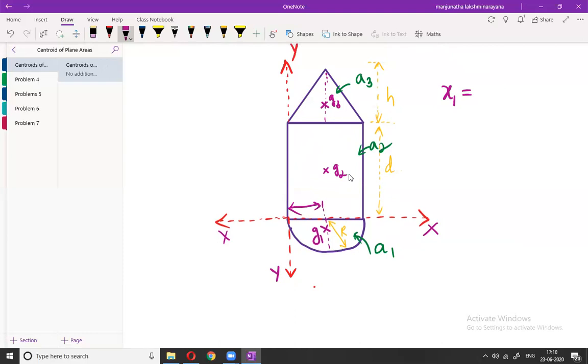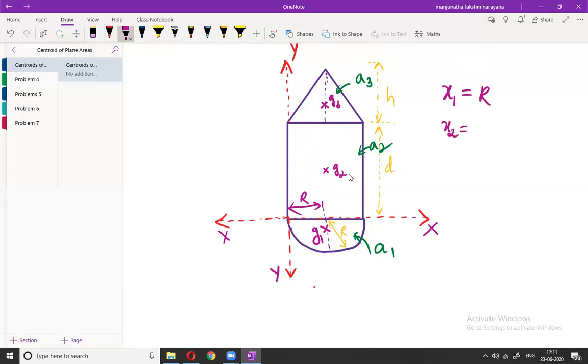The distance of G1 from the y-axis is called x1, and we know that it lies exactly at the half in the center. The radius has been given right here, and this is nothing but r itself. Therefore the distance x1 will be equal to r only. Next consider the distance x2.